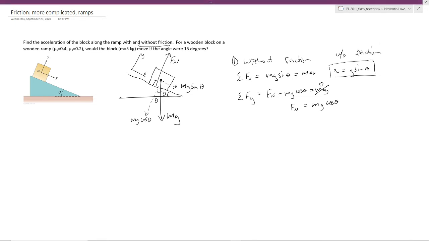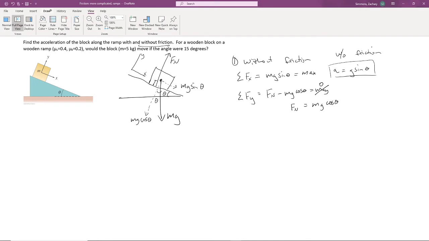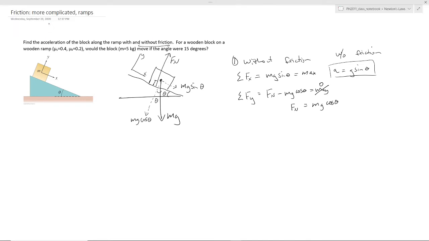Now let's amend this picture and add in friction. So I'll draw it in another color to hopefully make it stand out. The force of friction is going to oppose the motion. So it would be a force, let me try and draw it nice, here. Okay.